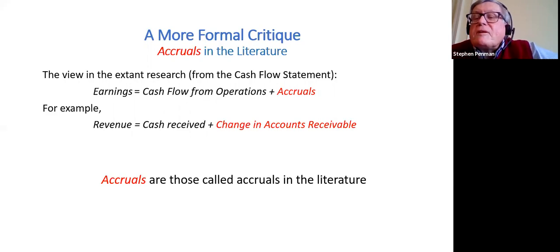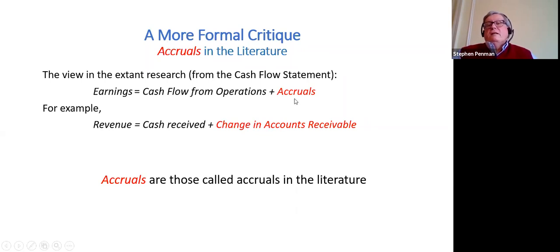And of course, that comes straight from the cash flow statement. And defining accruals as the difference between earnings and cash flow from operations, that's an accounting-correct statement, no problem with it. So therefore, revenue is the cash received minus the changes in accounts receivable, under that definition of accruals.